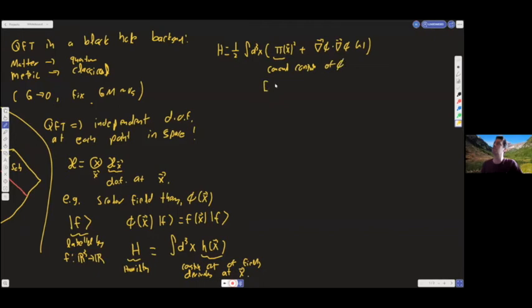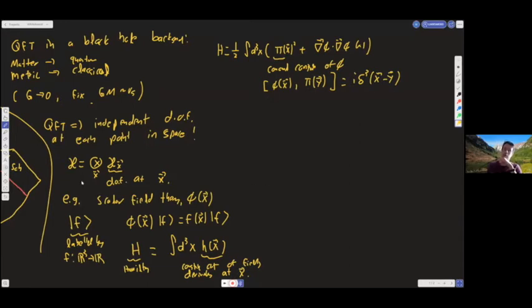So we have some commutation relation like that. And in some sense, that's all there is to quantum field theory.